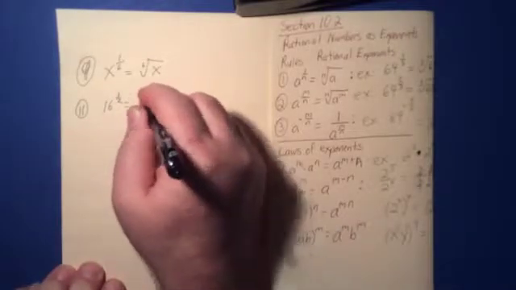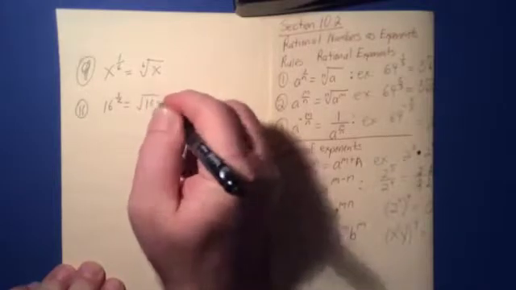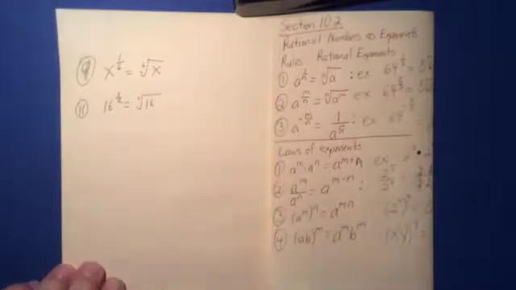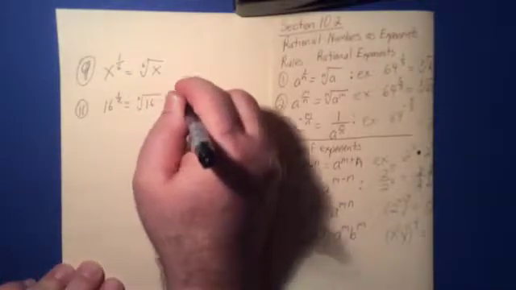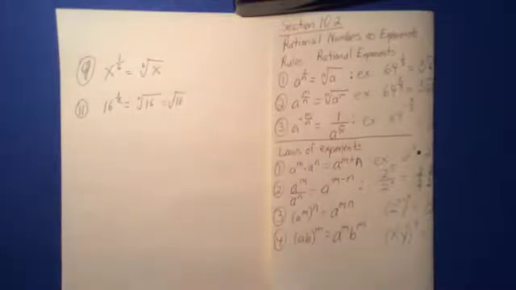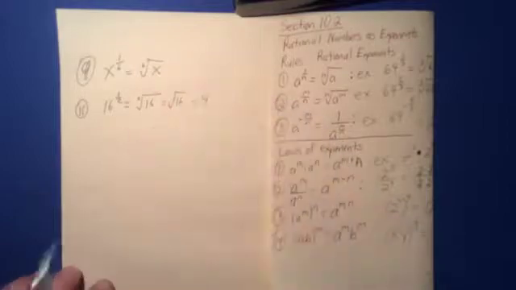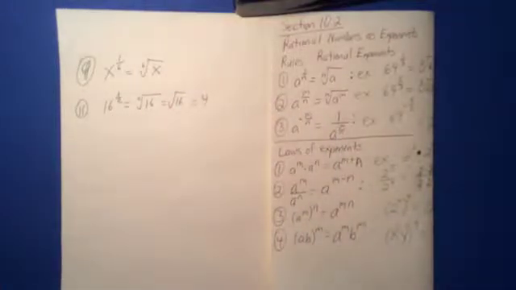Now I could write this here as the square root of 16. I could put the 2 here, but if there's no number here, we assume that it's just the square root. So I could just write that more simply as the square root of 16. And its equivalent value, therefore, is equal to 4.